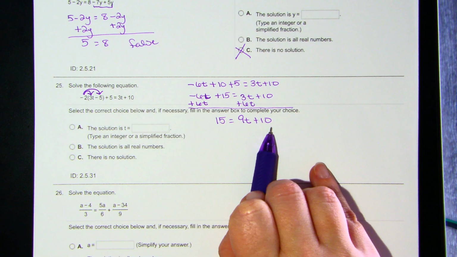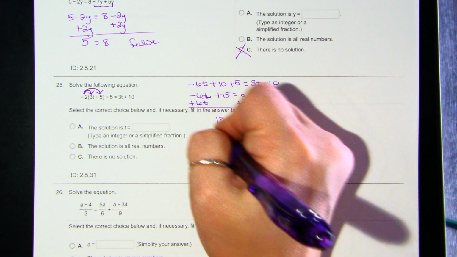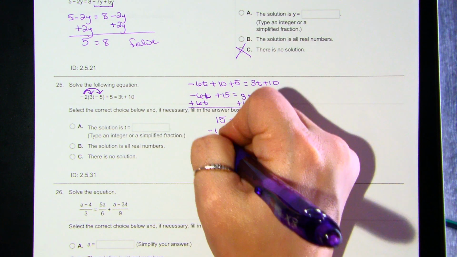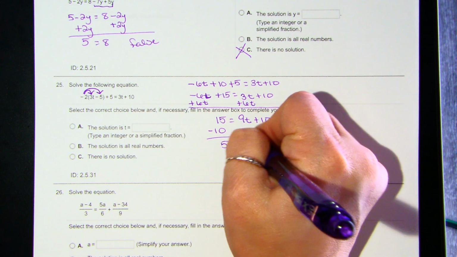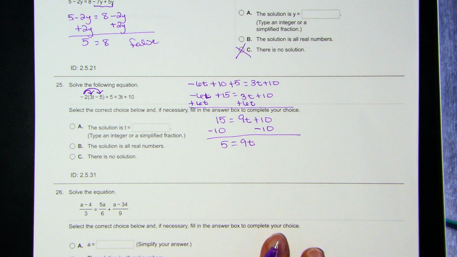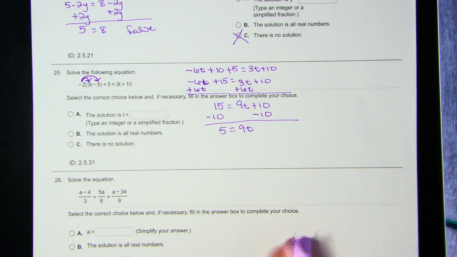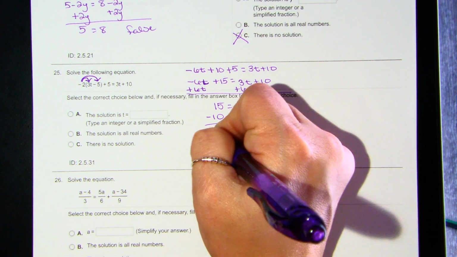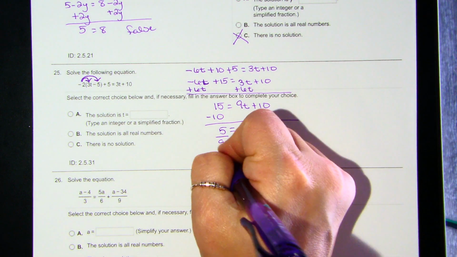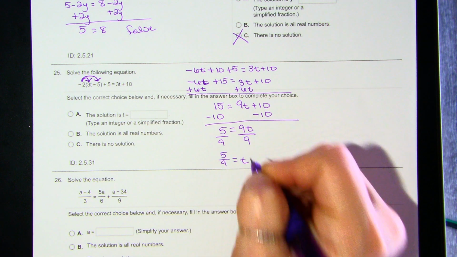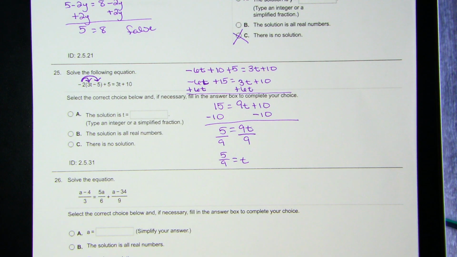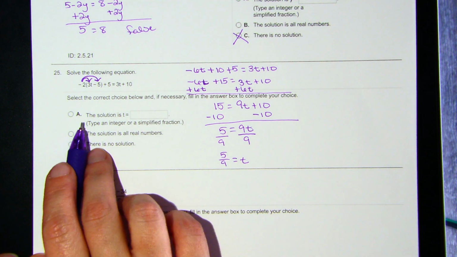The opposite of multiplication is division, so I get 5/9 equals t. So the solution is t equals 5/9. This is a conditional equation. This equation only works, it's conditional on the fact that t is 5/9.